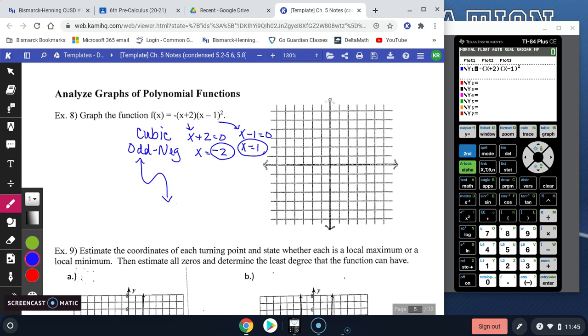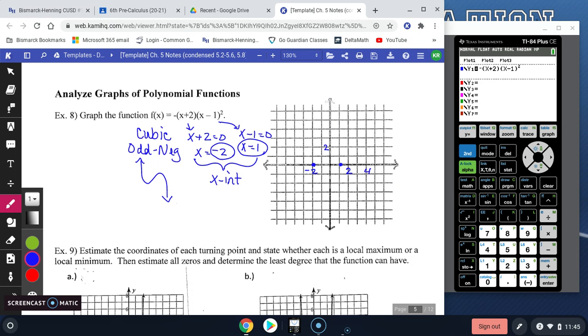So you have these two zeros or solutions, or remember, that's the same thing as x-intercepts. So not only do we know the shape of this graph, but you also know that it's going to go through the point at -2 and also the x-axis at +1.